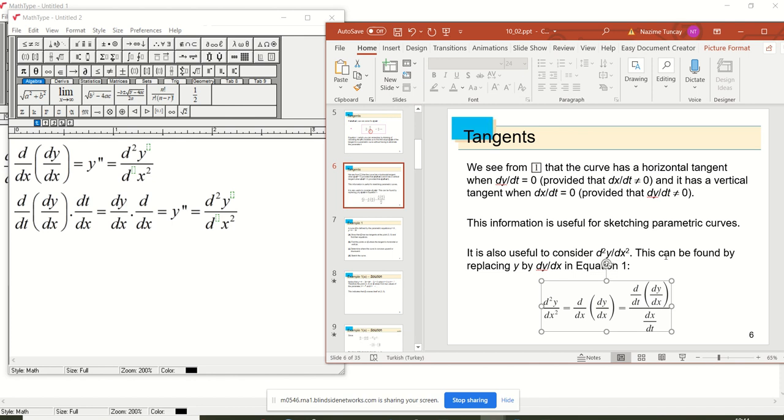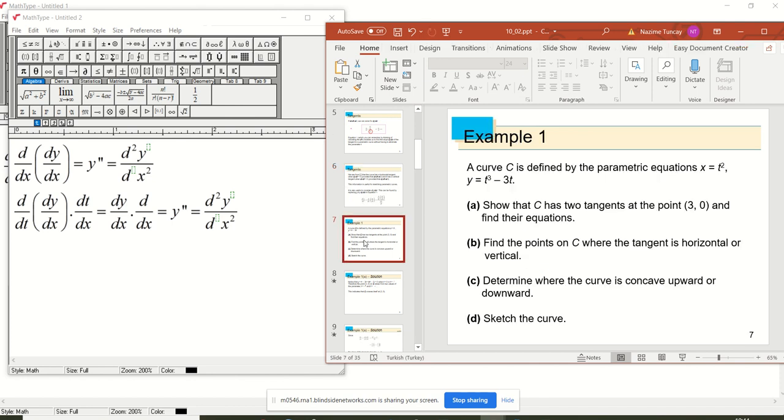Okay, so I will continue from here. There is an equation here, and we have a curve C defined by the parametric equation. So there are two functions here. I have x in terms of t, which is t square.